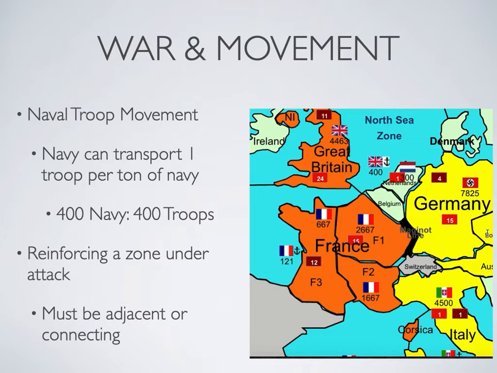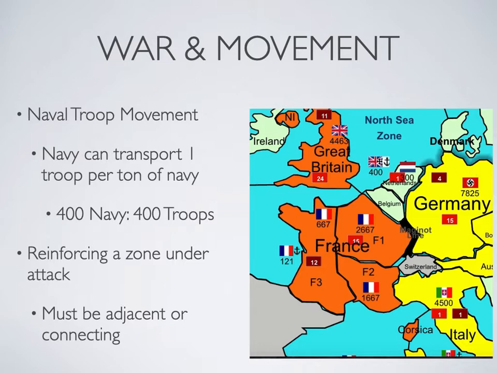Also, we can see now that the defending country can move troops in to help defend as long as they are connected, which Bohemia, Moravia, and Germany are connected. Now that Germany has used those troops in that battle, they cannot use them again this turn. So if someone else were to attack Germany somewhere else, they would not be able to move any of these 7,825 to help defend.